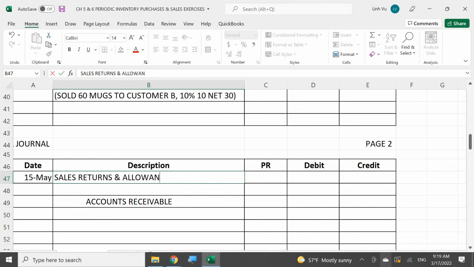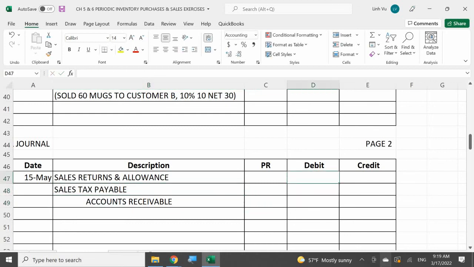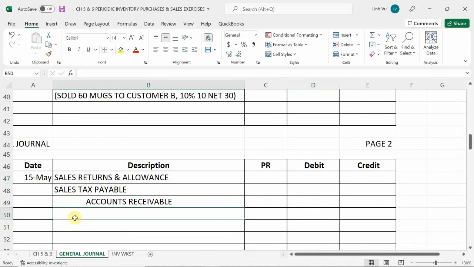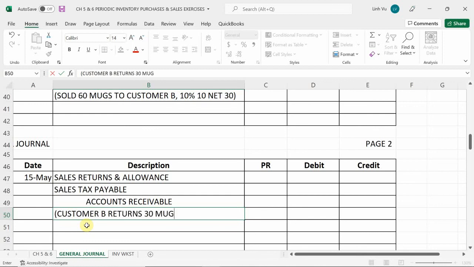And what else do I need to return? Sales tax. Yes, I have to give him a portion of his tax money back as well. Okay? So in this case, I'm going to make a note here saying customer B returns 30 mugs for full refund.